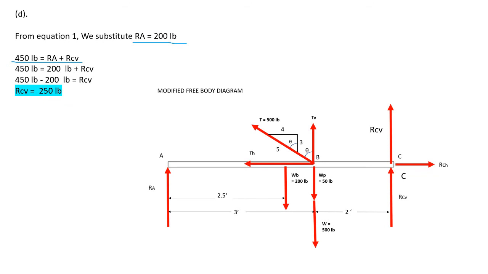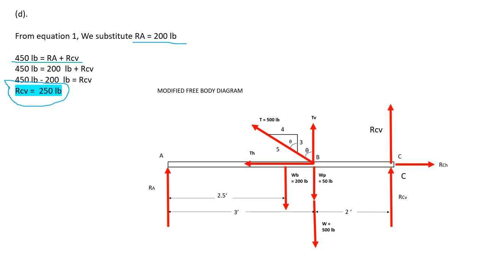So transposing the reaction at A to isolate the reaction at C vertical, we will have now 450 minus 200. Therefore, our RCV, or the reaction at C vertical, is equal to positive 250 pounds.